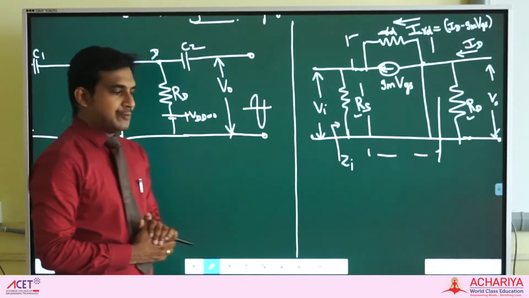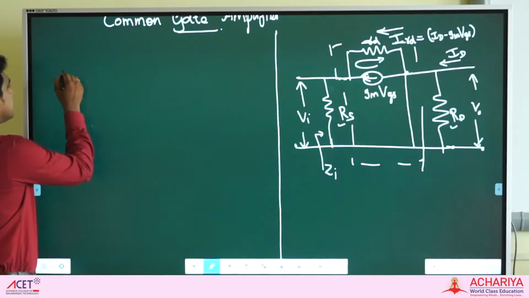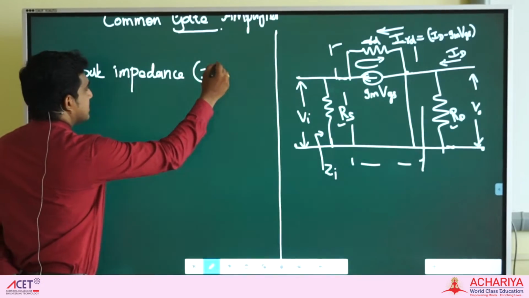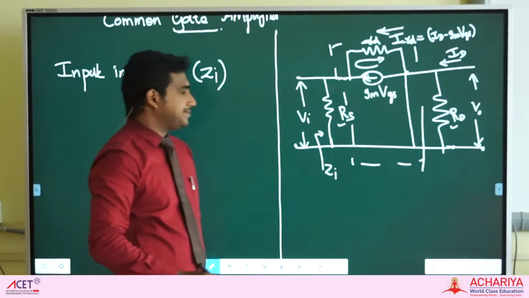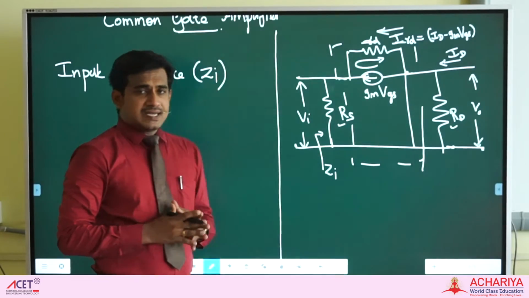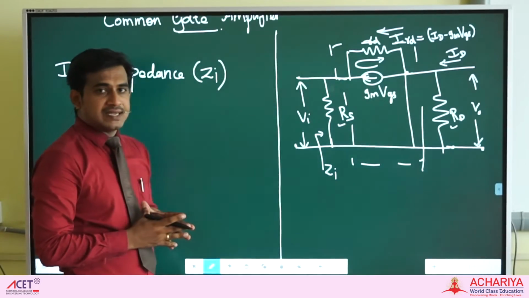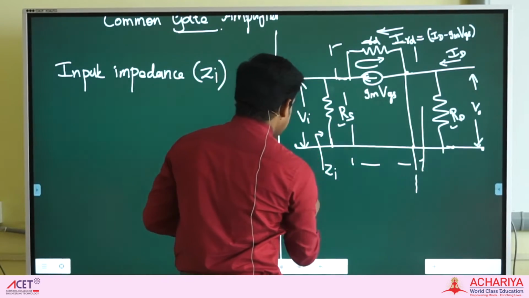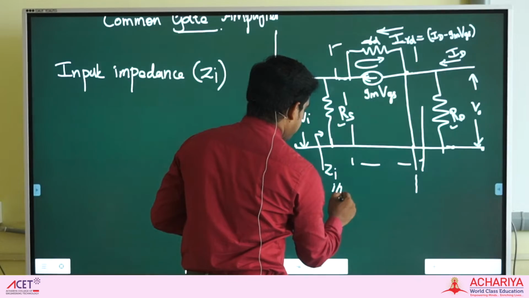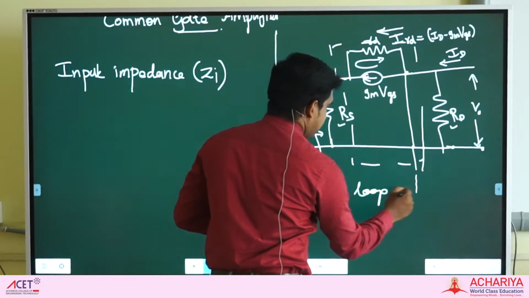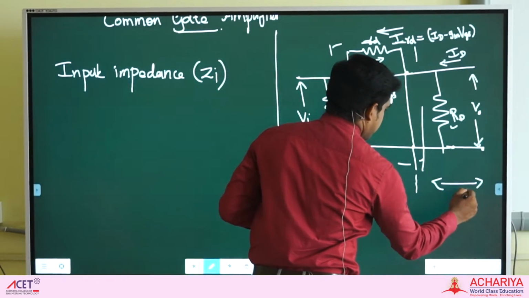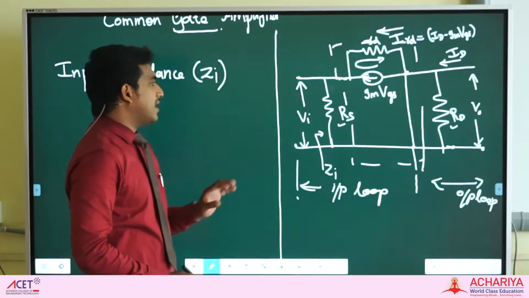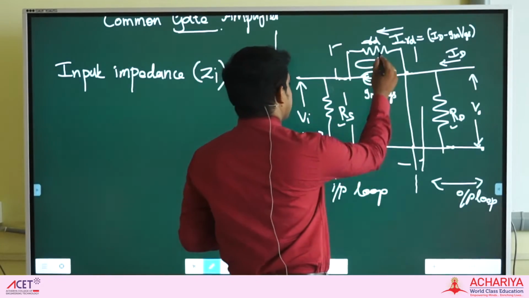First, we are going to find the input impedance of the circuit. Input impedance is denoted as Zi. Input impedance is nothing but the total resistance present on the input side. Here this is the input loop, and this side is the output loop. On the input side there are many components: RS, gmVgs and RD.